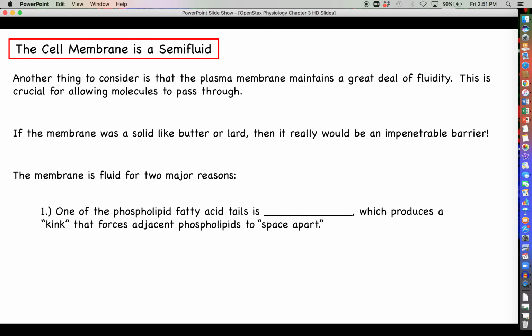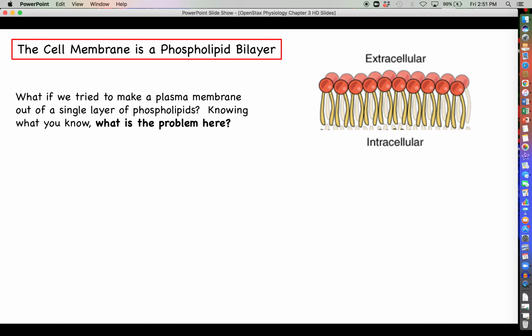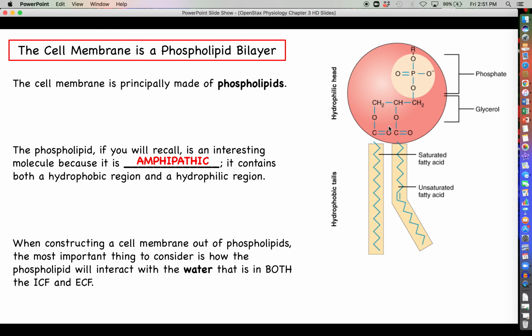is that the fatty acids that are attached to the glycerol in the phospholipid are of the unsaturated variety, and this produces a kink in the fatty acid tail that causes any adjacent phospholipids right next to each other to have to kind of space each other out. Let me go back and show you exactly what we mean here. If we go back and look at the phospholipid structure, you've got two fatty acid tails.